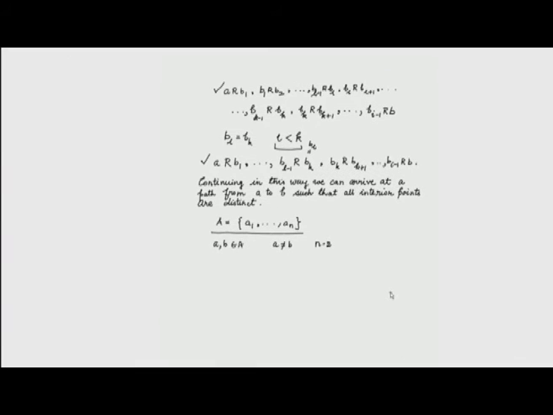So, any path can be reduced to a path containing n minus 2 distinct elements of A if A and B are not equal. Therefore, the length of the path will be n minus 1. Suppose A and B are equal, then we are left with n minus 1 elements of A, and therefore, at most we can have a path with n minus 1 distinct interior points.